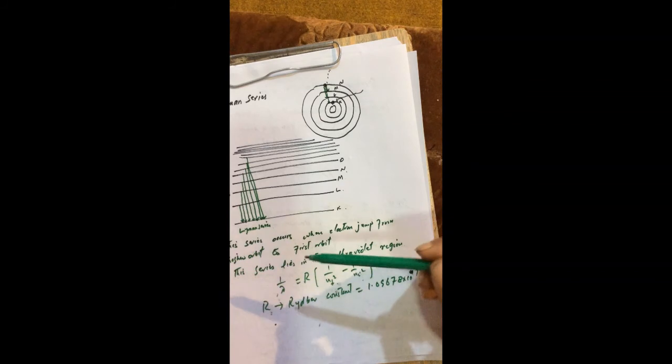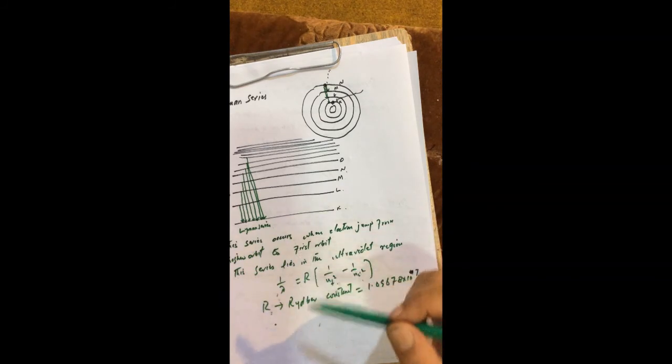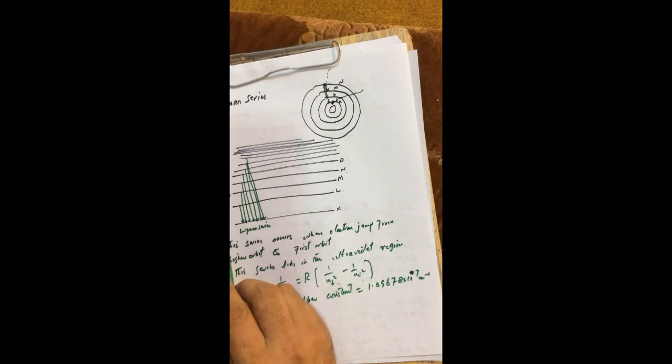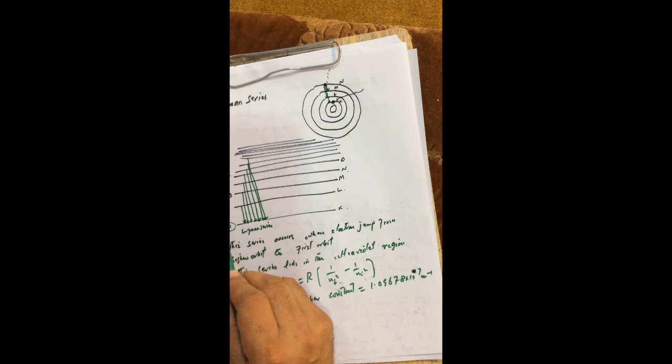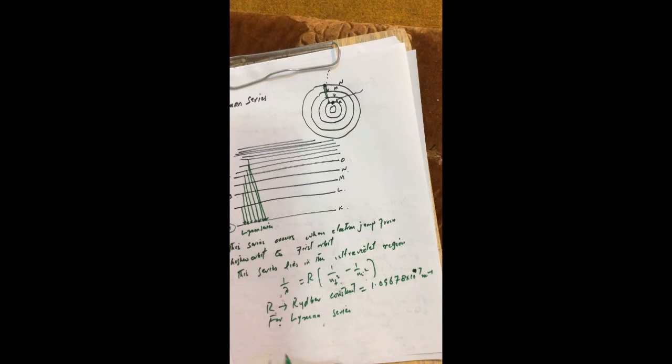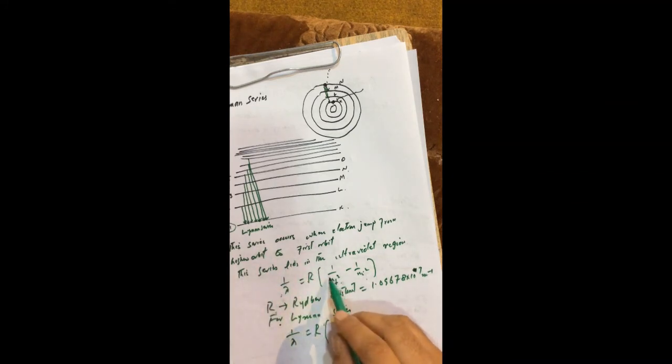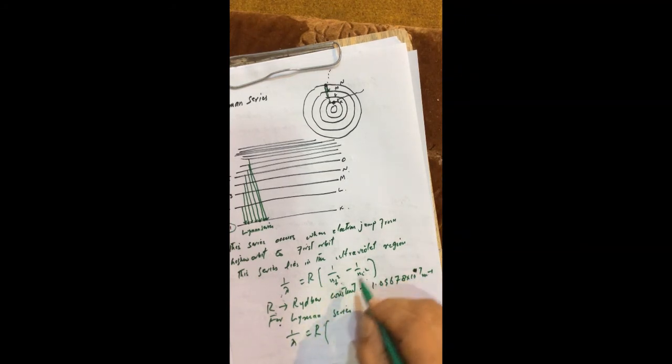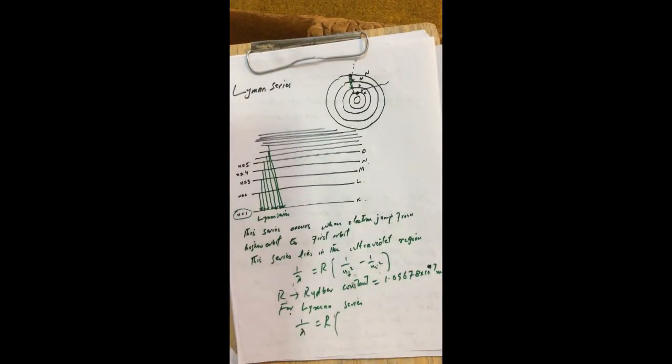Now the electron comes to the final state. For the final state, the n value is 1. So for the Lyman series, 1 over wavelength is equal to R times, where ni and nf are the principal quantum numbers of the initial and final states.